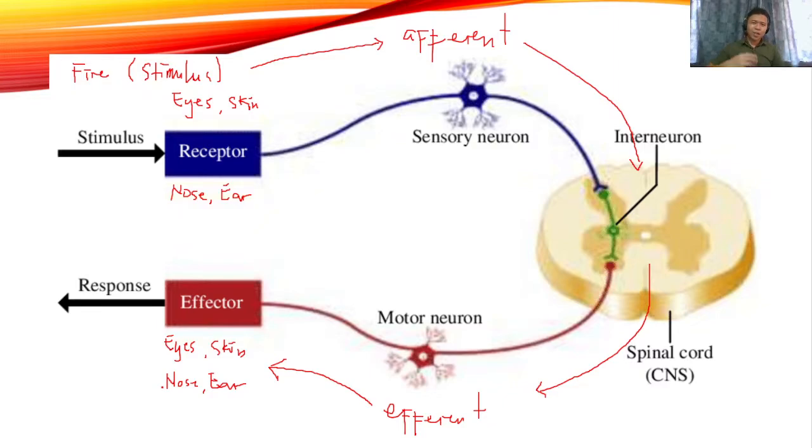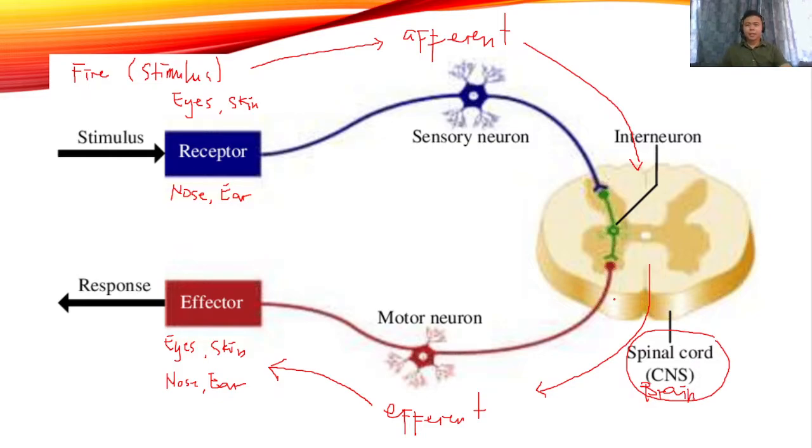Of course, it will happen in just a split second, even less than a second. So that's how fast our processor is. That's how fast our central nervous system is. Our brain is, also the spinal cord.